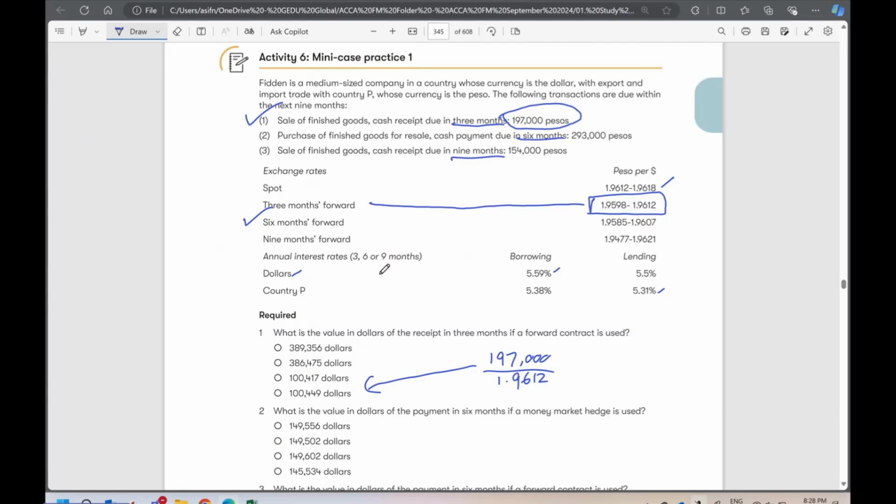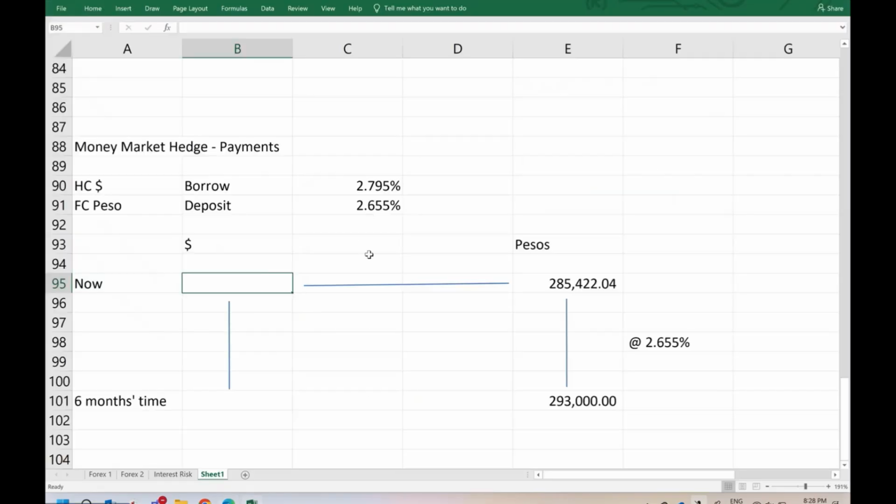It's a payment, a division case, so divide with the lower rate to get the higher payment: 1.9612, sorry, not 1.6912, peso over dollar. So that is the payment.